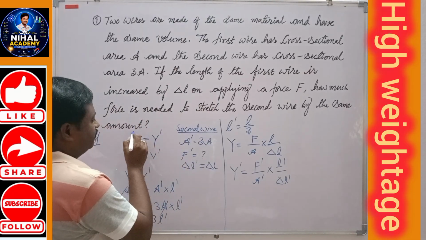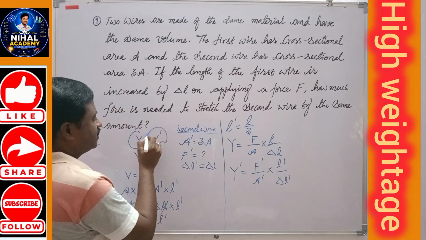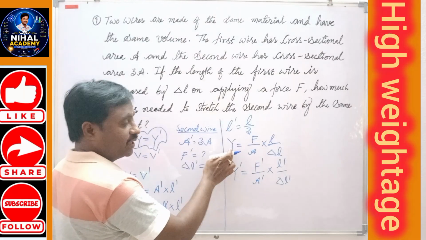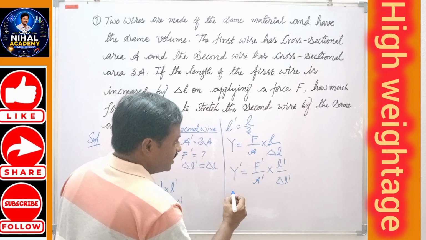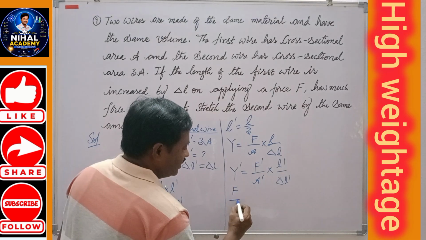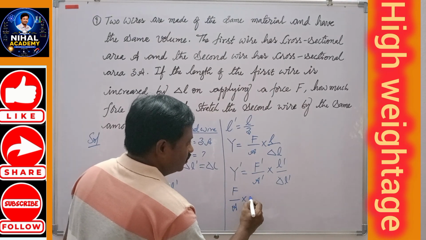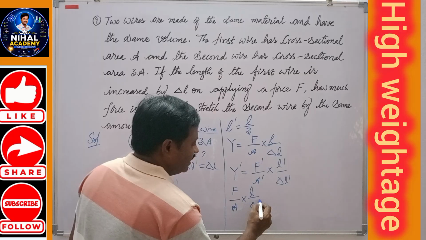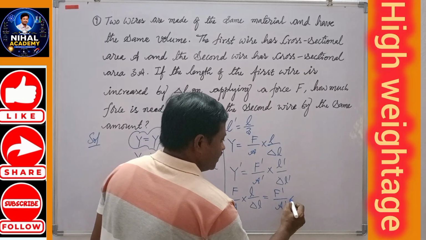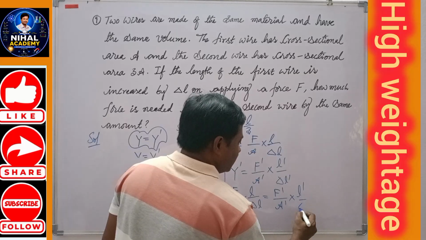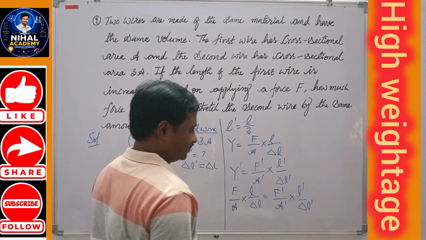Here from the given information Y is equal to Y dash, so these two are equal. So we have to equate the RHS part. That means F by A into L by delta L is equal to F dash by A dash into L dash by delta L dash.